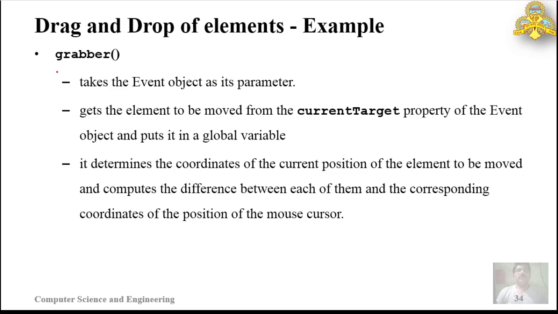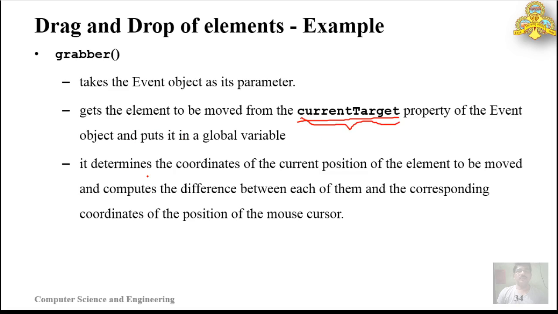Let's go through the functions of these event handlers. Grabber takes the event object as its parameter and it identifies which element is to be moved from the currentTarget property of the event object. That means I am not specifying the element directly by its ID, but I find which object triggered the event by accessing the currentTarget property of the event object.